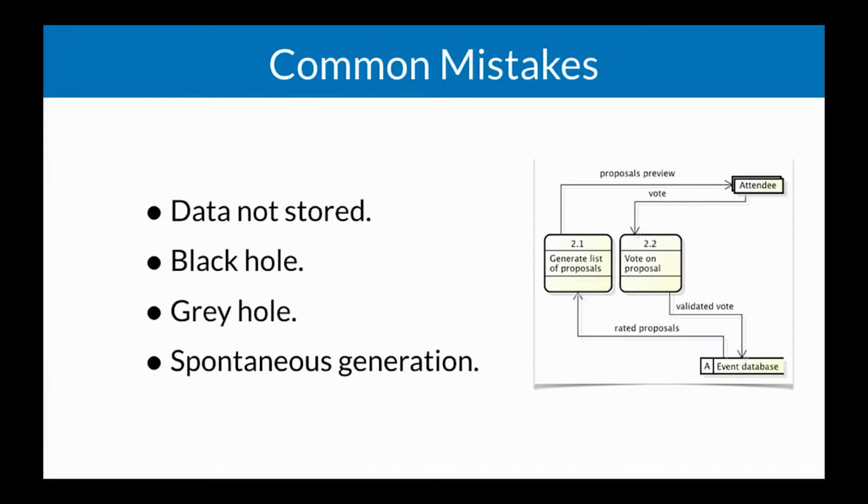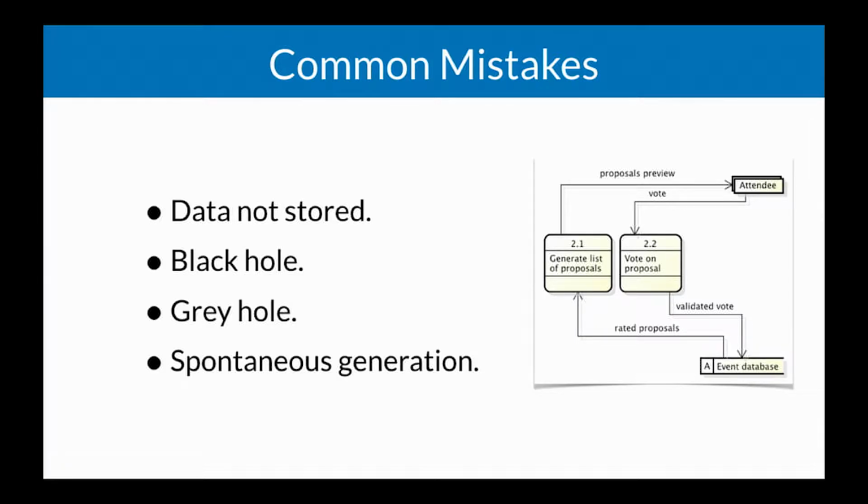So you might not be able to process. You cannot have a process payment going out if you didn't have the cardholder's name coming in. So you did have data, but that data is not sufficient to produce the output that you're expecting to have. So this is a gray hole.